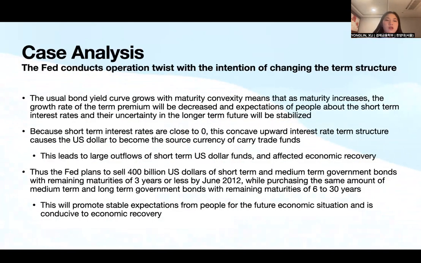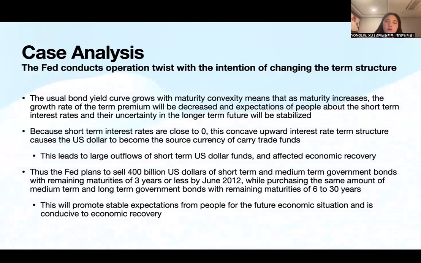And then next is the case analysis, where the aim of this case is that the Fed conducted Operation Twist with the intention of changing the term structure.